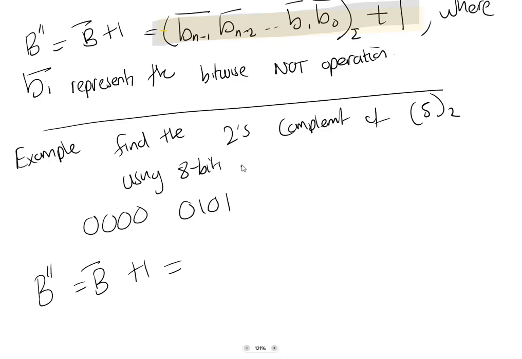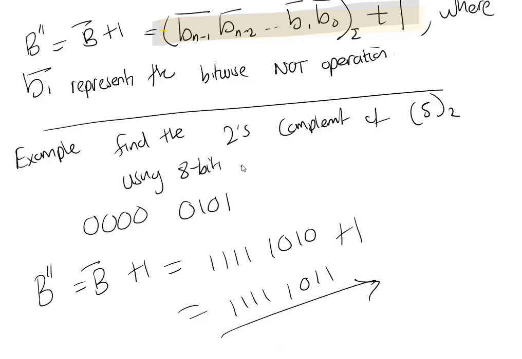So let's flip them, and then add 1, which becomes the result. That's the answer. So this is how we represent -5 in 2's complement as a base 2 number. That's how we do it, and that's basically it.